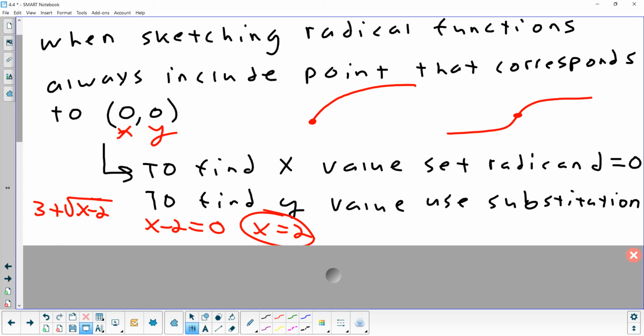That's the new x value of the point that was at the origin. And then, to find the y value, just substitute 2 back in for x. 2 minus 2 is 0. Square root of 0 is 0. 0 plus 3 gives me 3. So my point is 2, 3. So that's one point we're going to get.